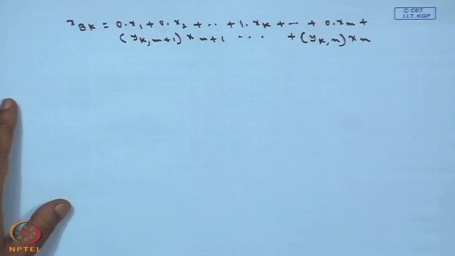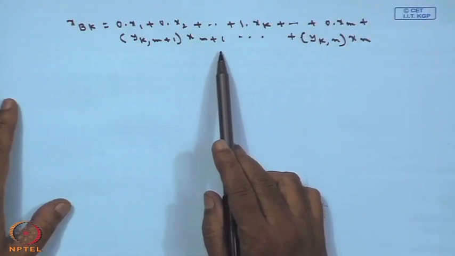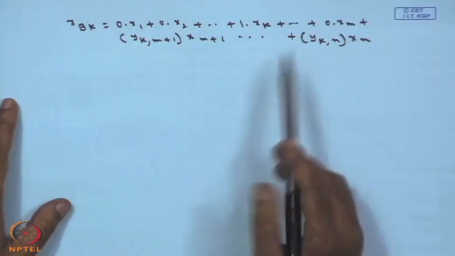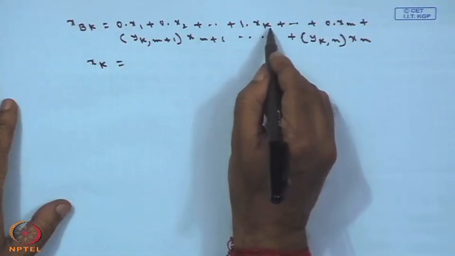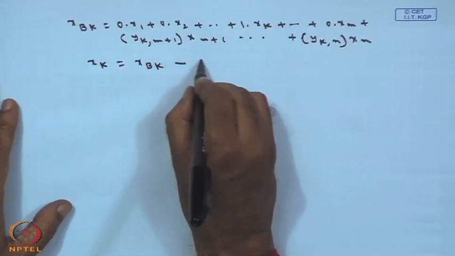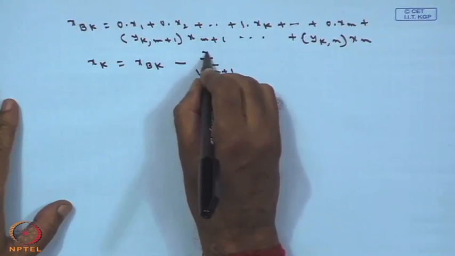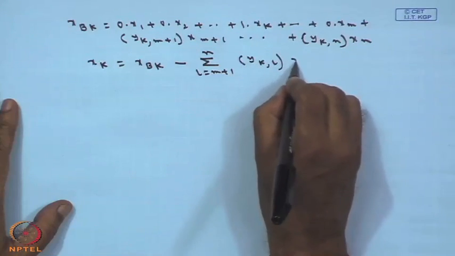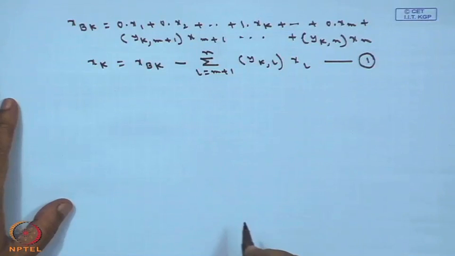So this is xk plus the summation over l equals m+1 to n of ykl into xl, and from here you can write xk on this side equals xBk minus the summation from l equals m+1 to n of ykl into xl. So it is equation 1.